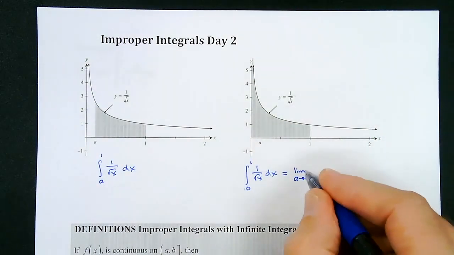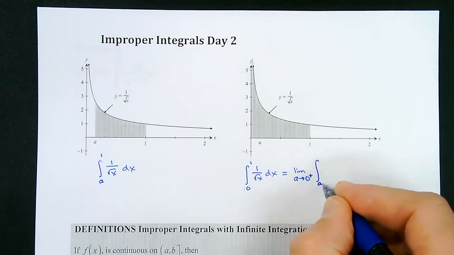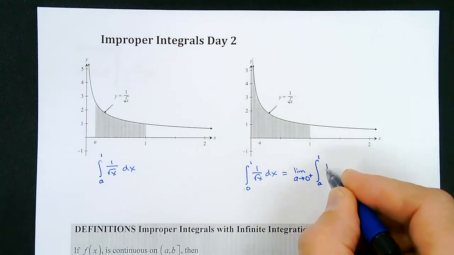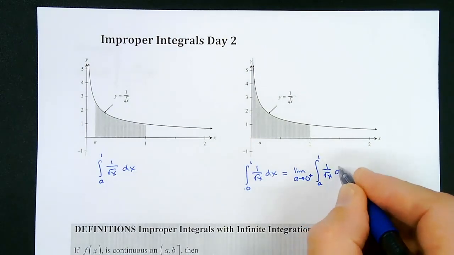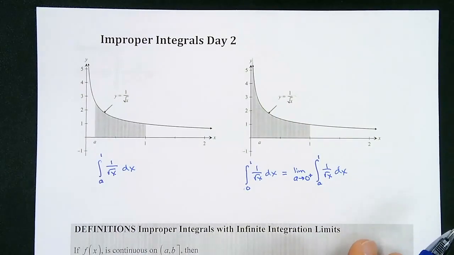So we take the limit as a approaches 0 from the right of the integral from a to 1 of 1 over the square root of x dx. So we wind up with this integral with an a involved in it, and then we take a look at the limit as a approaches 0 from the right. We're going to need to do this every time we're trying to integrate up against an infinite discontinuity.